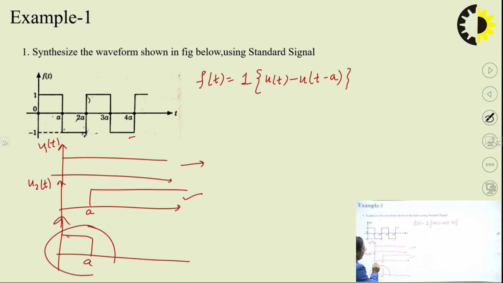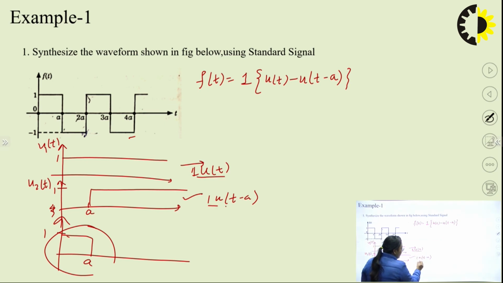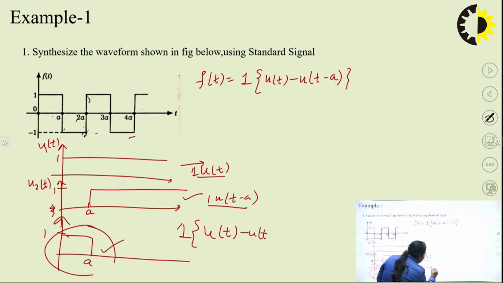So for this signal, this is u(t), and the amplitude of each signal here is 1. So 1 into u(t), because the step signal is represented by its magnitude, and this is 1 into u(t minus A). The signal is shifted by the scale A. So if I am subtracting from this signal to this signal, then I am getting this value. I can write this value with magnitude 1 as u(t minus A).